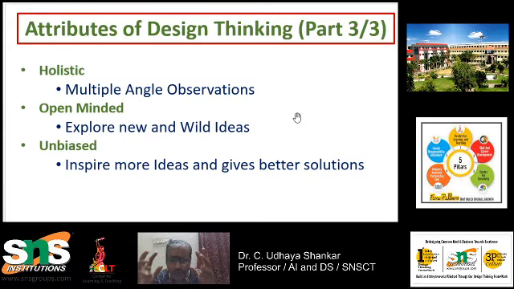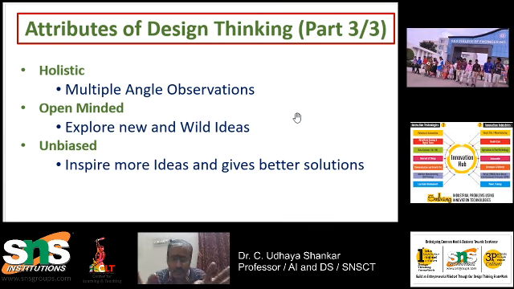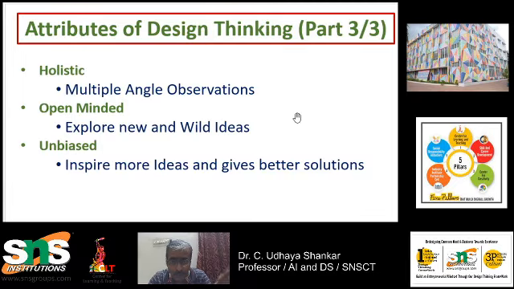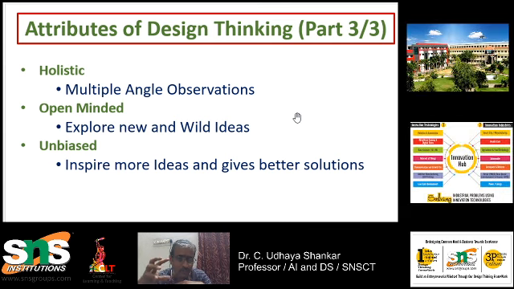You should not always see from one angle, one perspective. Always you have to see from multiple angles. That is called a holistic approach. So we must consider not only the user perspectives but also the whole value chain and all the distribution channels. That is called a holistic approach. This is a very important attribute of the DT.